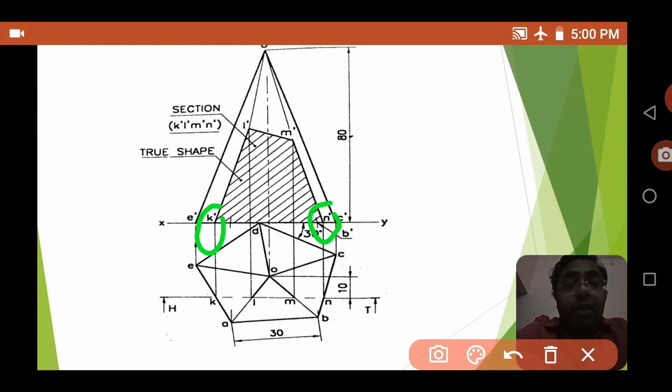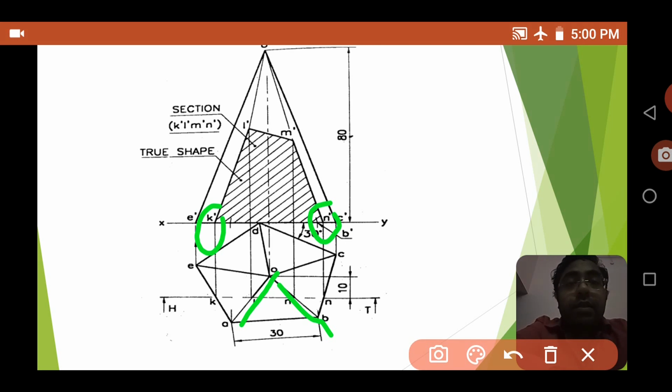But you can see that the K and N sides will be at the bottom, while the lines A to O and O to B are on the pyramid sides. So E to O, O to D, all these lines are the pyramid's upper lines, from the bottom to the top.